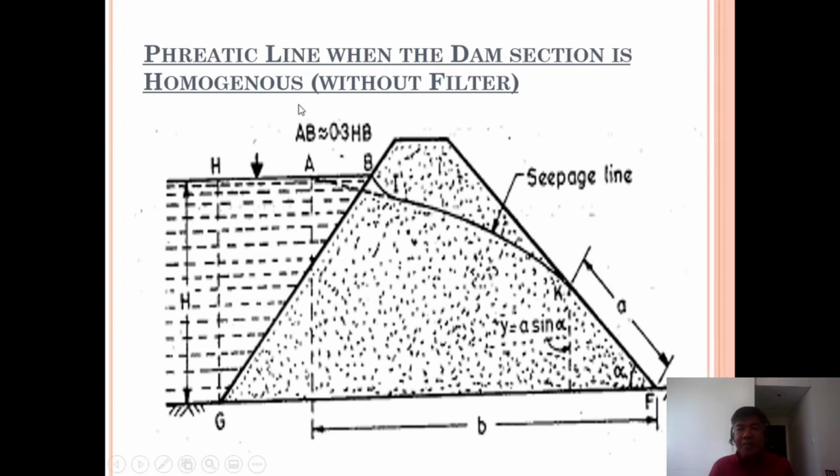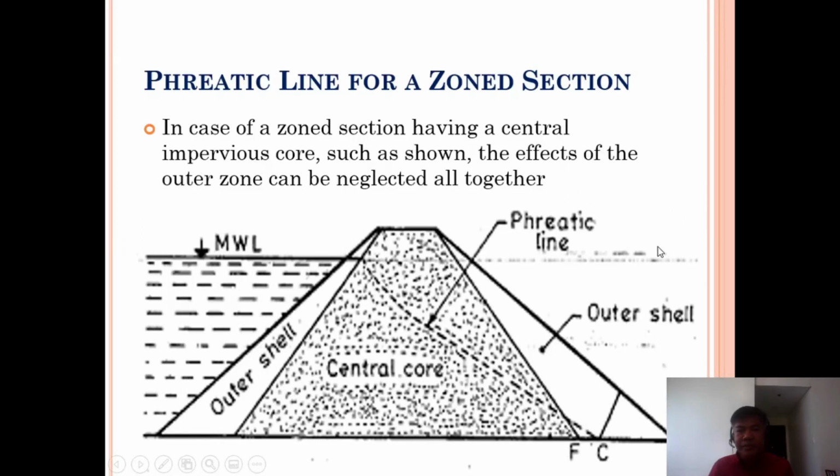Here's an example of the phreatic line with the dam section homogeneous and without filter. Those are the assumptions. For the zoned embankment, it's very difficult in terms of the manual or graphical method because you now have different materials in it.